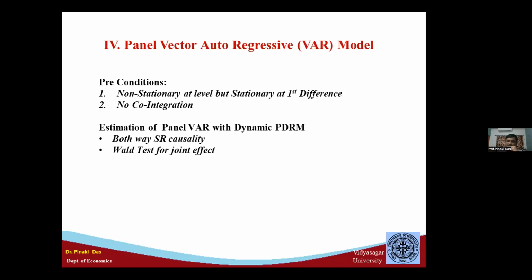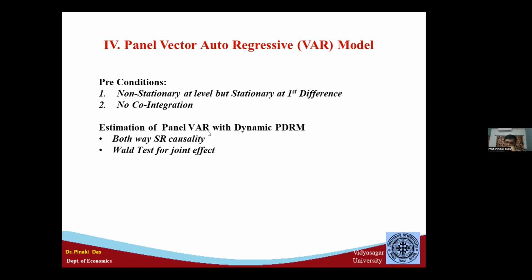Similarly, there is another model called the vector autoregressive model. In case of the vector autoregressive model, the variables are stationary at the first difference, but if they are not co-integrated, then the panel data regression model is treated as the vector autoregressive model.